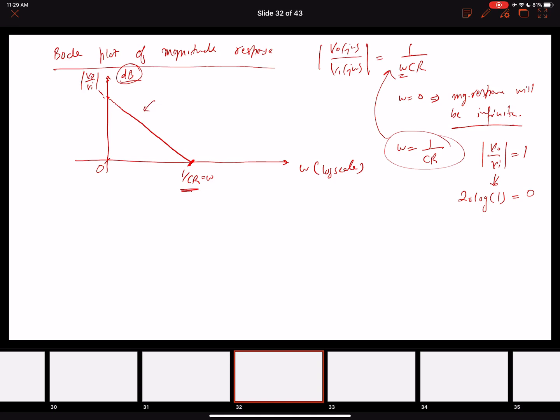And the decrease in the slope over here, similar to what we saw earlier, is minus 6 dB per octave, or minus 20 decibels per decade, which means there is a 20 decibel decrease in the magnitude as our frequency doubles. So as omega doubles, our magnitude reduces by 20 decibels.